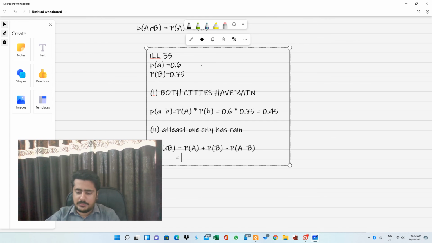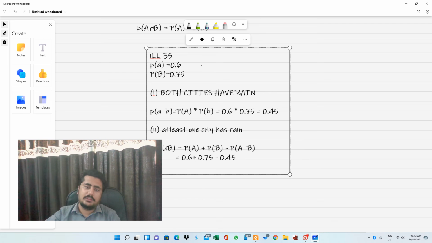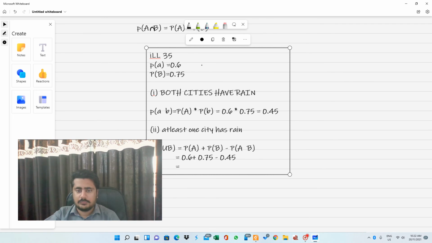So P of A is 0.6 plus 0.75 minus 0.45, which is 0.9.